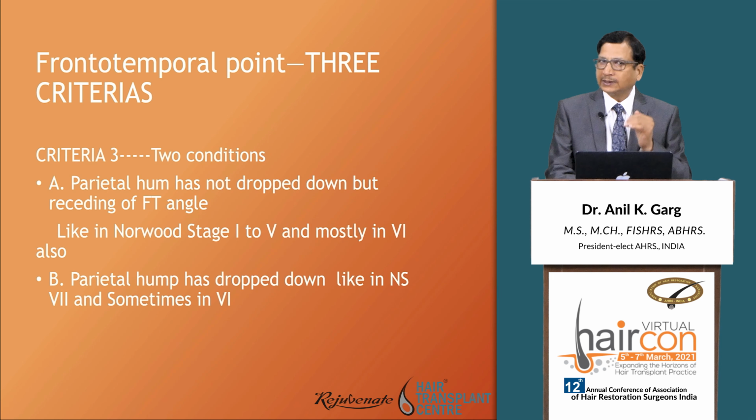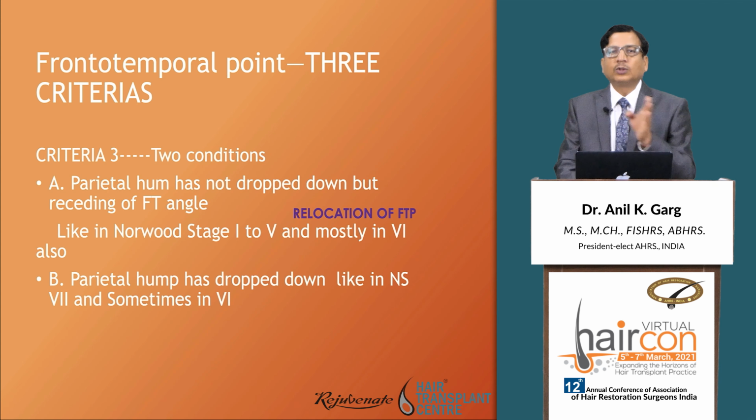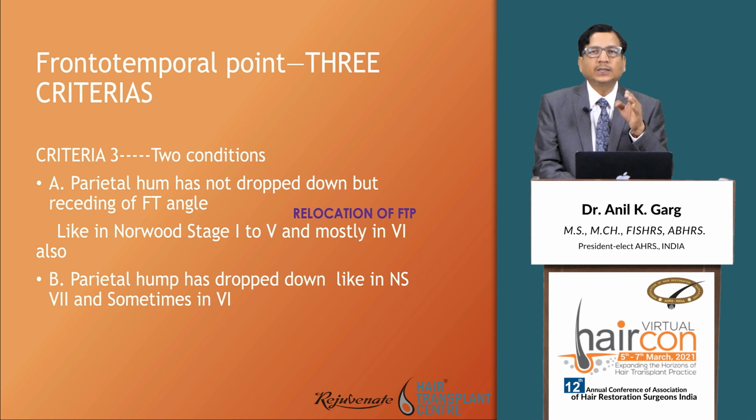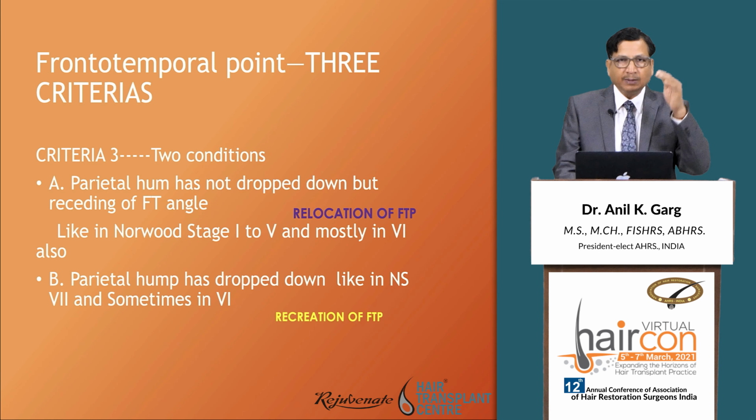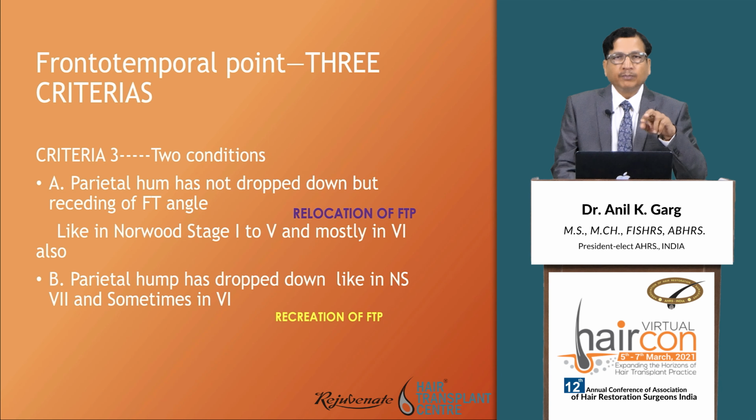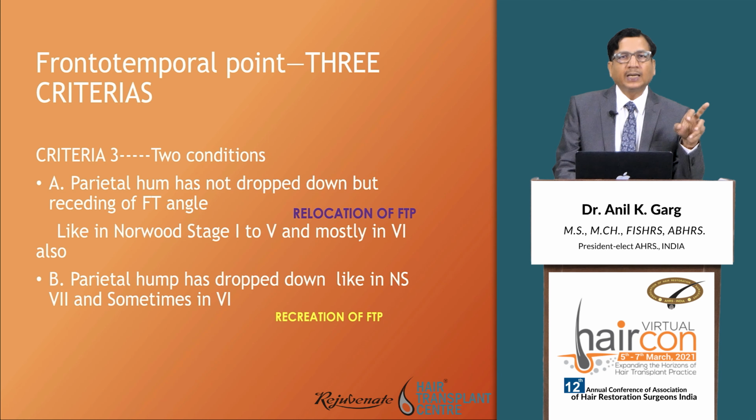So both conditions are different. In the first condition, where the parietal hump is there, you relocate or reposition because the FTP is there, but it got receded. But when the parietal hump has dropped down, then you recreate, because one of the planes, the parietal hump, is not there. Let's go one by one.